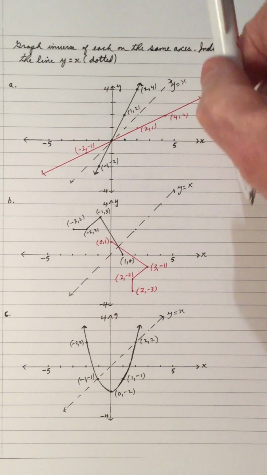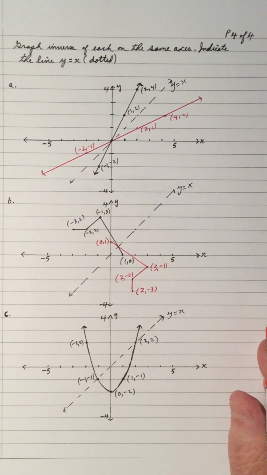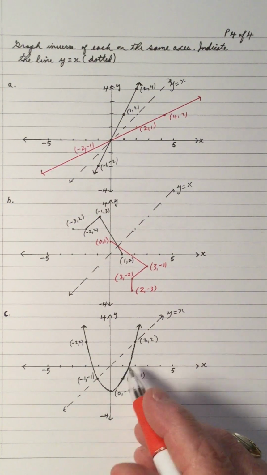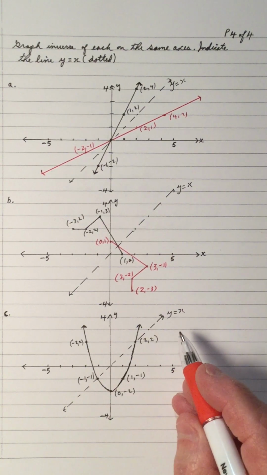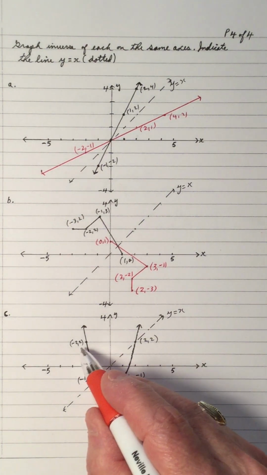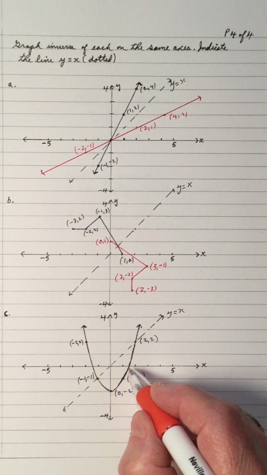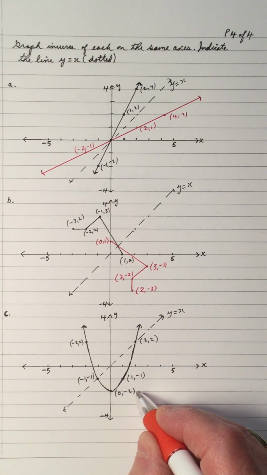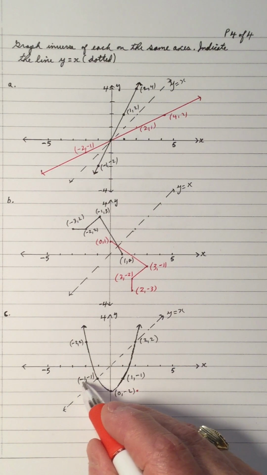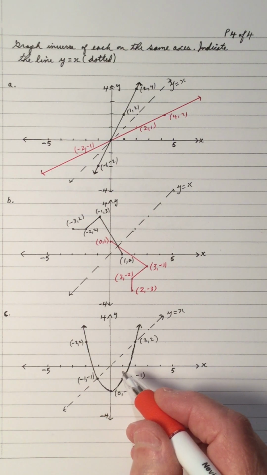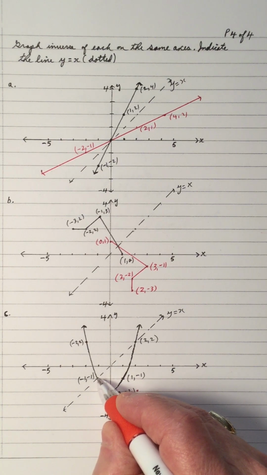So we'll do the inverse of this, and we should come up with a parabola, the inverse of this parabola, reflected in the line y equals x. So -2, 2 becomes 2, -2, right there. And -1, -1 becomes -1, -1.